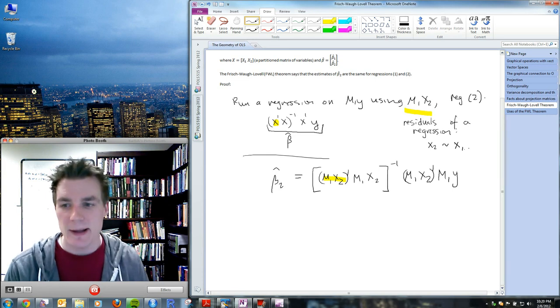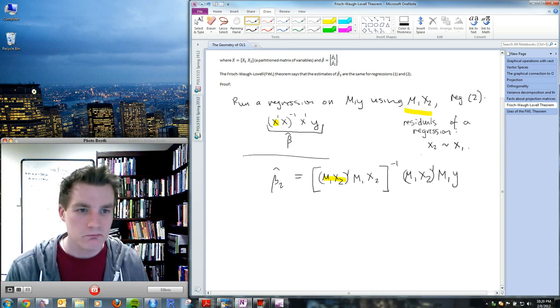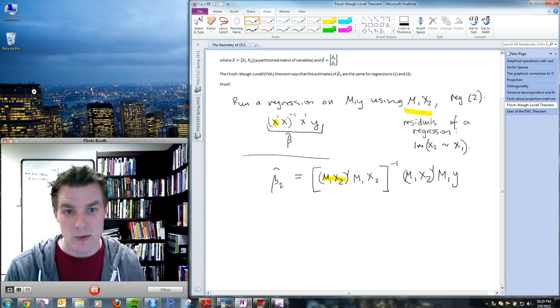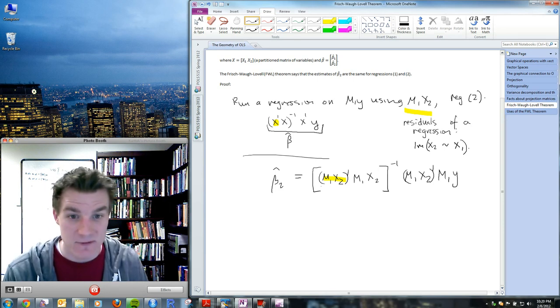So in R, this would be like lm(x2 ~ x1), and then predict the residuals out of that to get m1 x2. That bunch of residuals is going to be our x variable here.